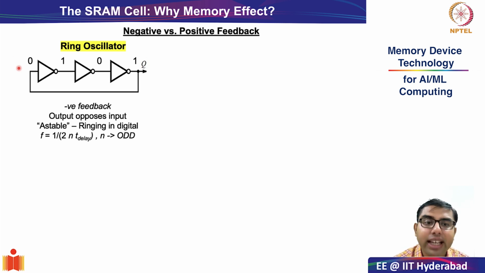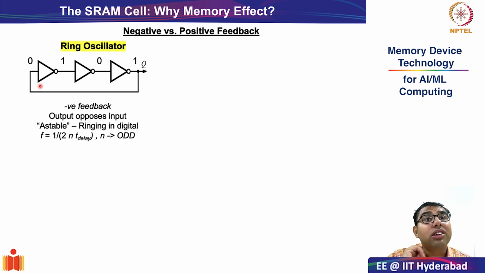And it can be very easily shown that if there is a finite delay at each and every stage, which is more technically called the propagation delay of an inverter, there will be an astable ringing effect. What is the meaning of astable ringing effect? This structure will continuously flip from 0 to 1 at each and every node.